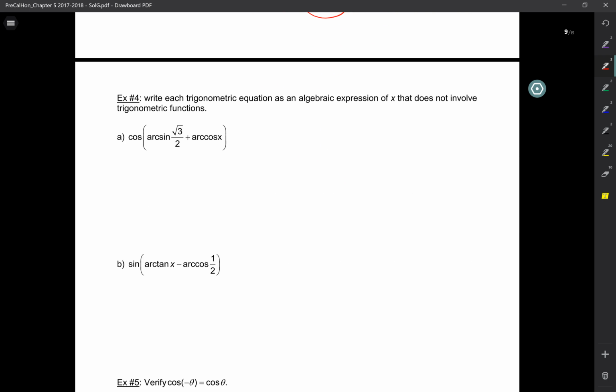Ooh, my favorite ones. All right? My favorite ones. So take a look at what I have here. Cosine of something plus something else. So cosine of alpha plus beta, except alpha is that entire thing and beta is that entire thing.